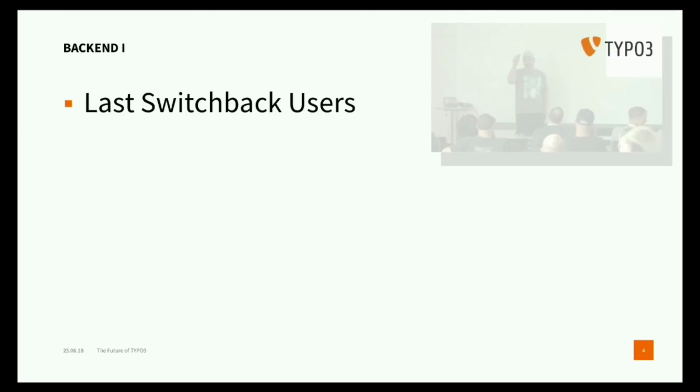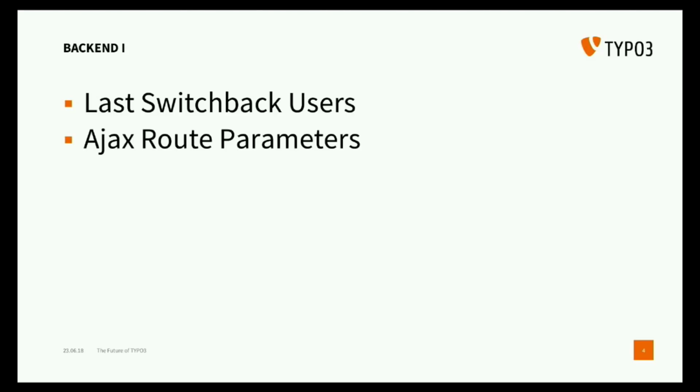What you now have in the same window where you have the logout button is the possibility to switch back into the last user you had switched to. So this is very convenient if you want to switch back and forth. The next cool thing we have is that you can now add route parameters to Ajax routes in both backend and frontend, which is extremely helpful, and this wasn't possible before.